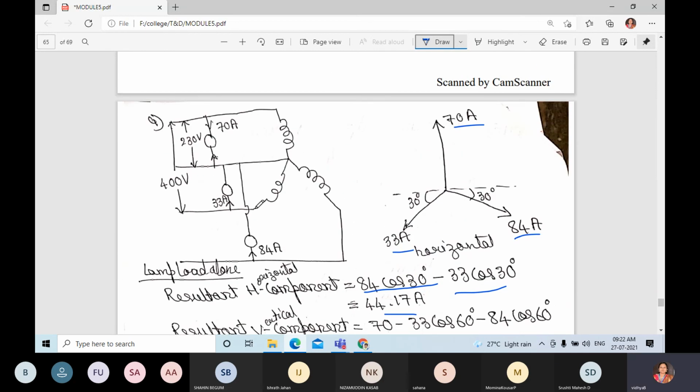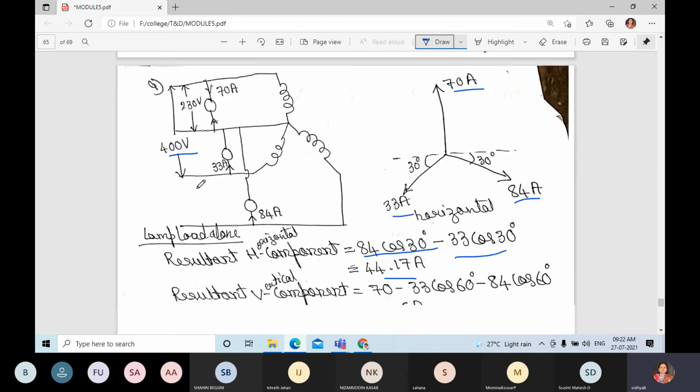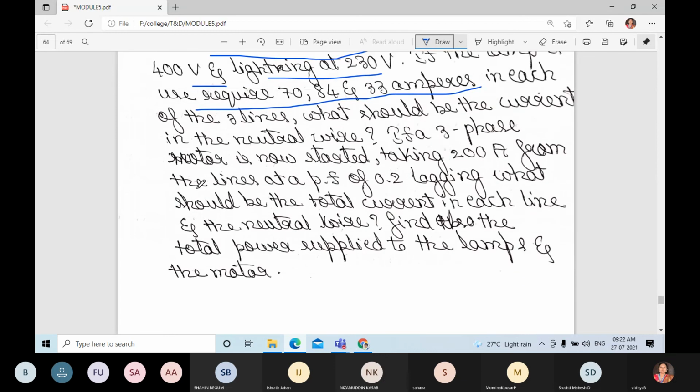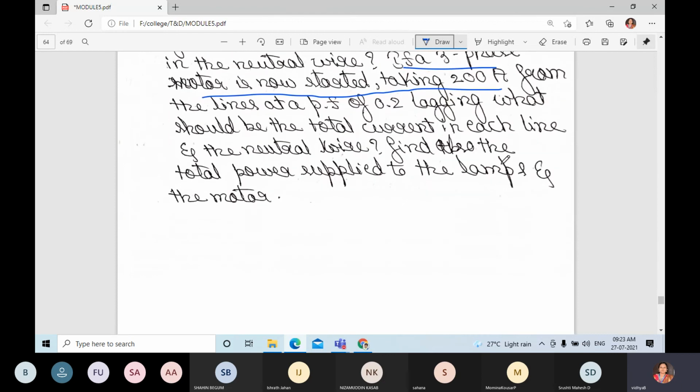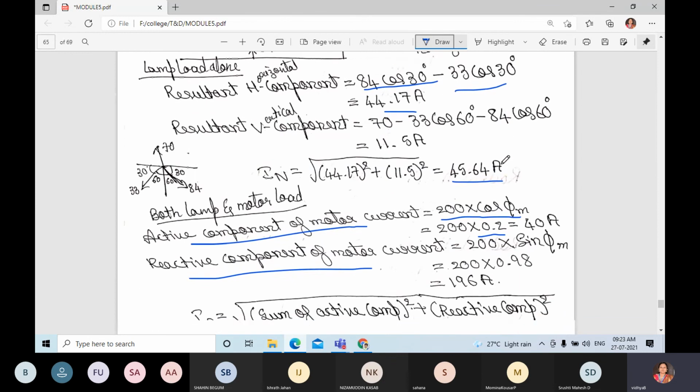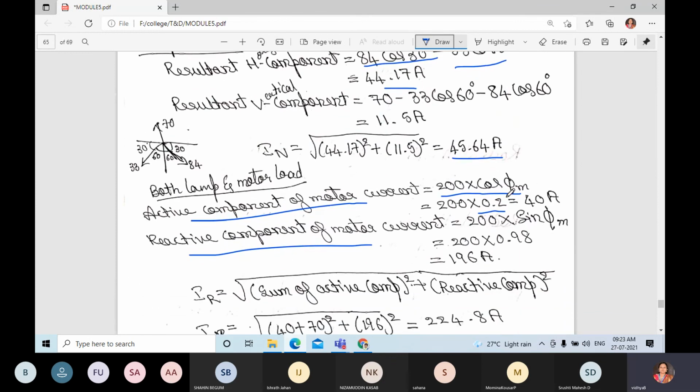Here they have given 400 voltage and the current; how did we get 200 here? They have given that a 3-phase motor is now started taking 200 amps, and they have given power factor 0.2, so you'll get 40 amps.